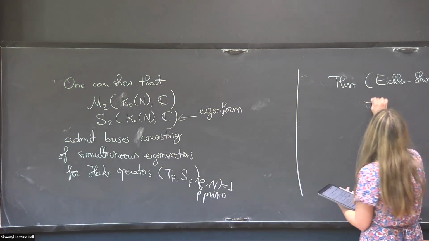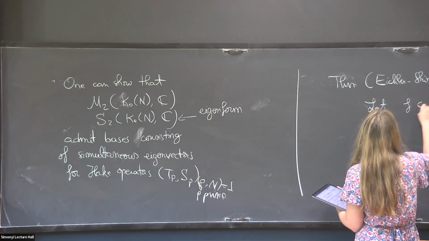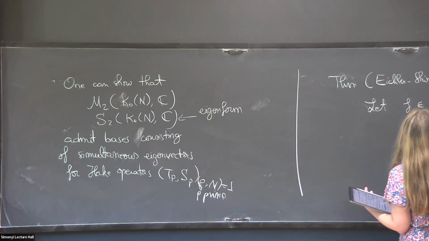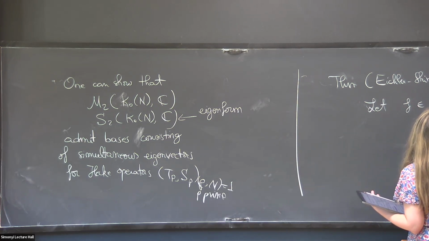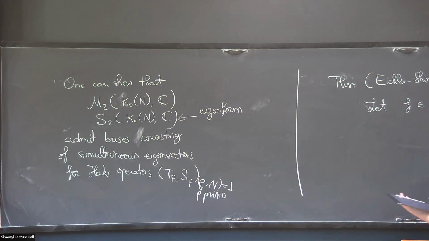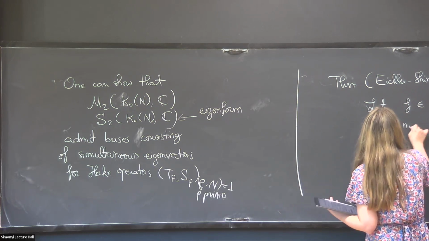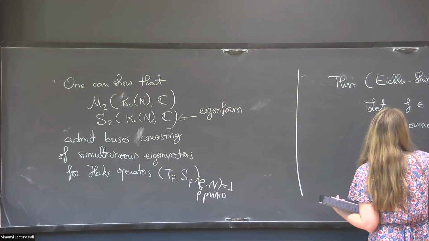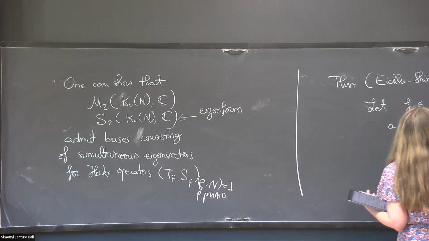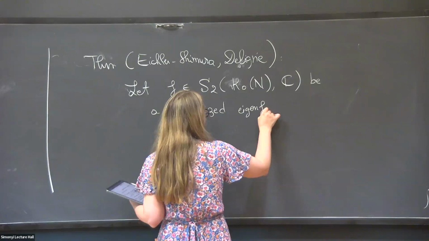Let f in here be a normalized eigenform. So it's an eigenform, and normalized is really easy.